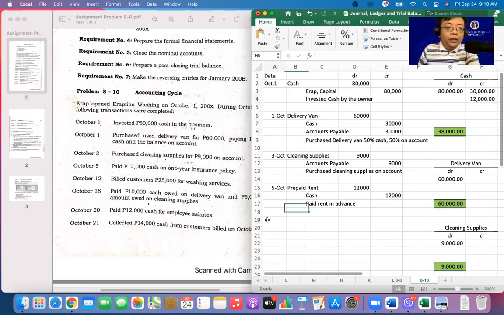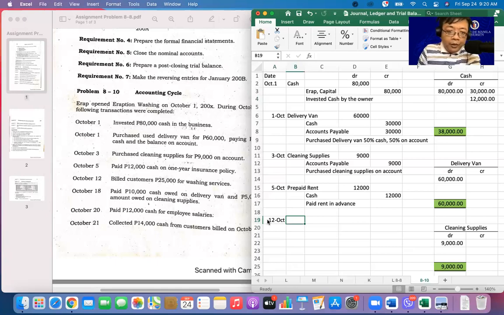Next, October 12. Paid or billed customers 25,000 for washing services. So meaning you billed your customer already, so you have now your service revenue, because you billed your customers already. What is the entry here? If you bill your customers, you have your accounts receivable, worth 25,000.